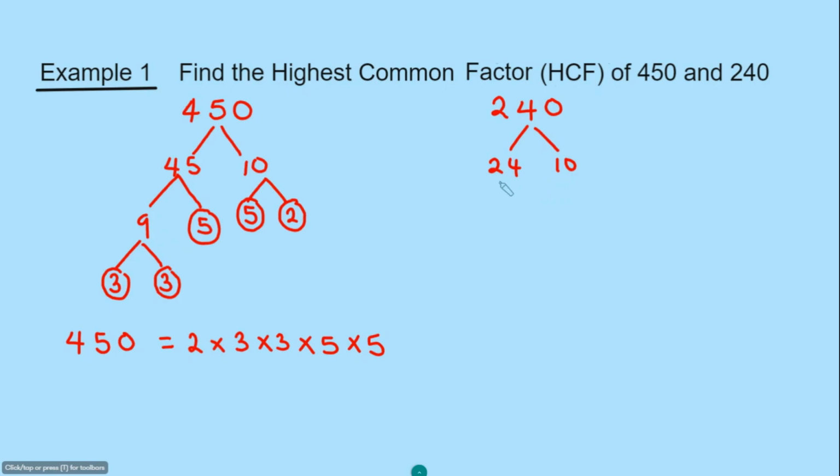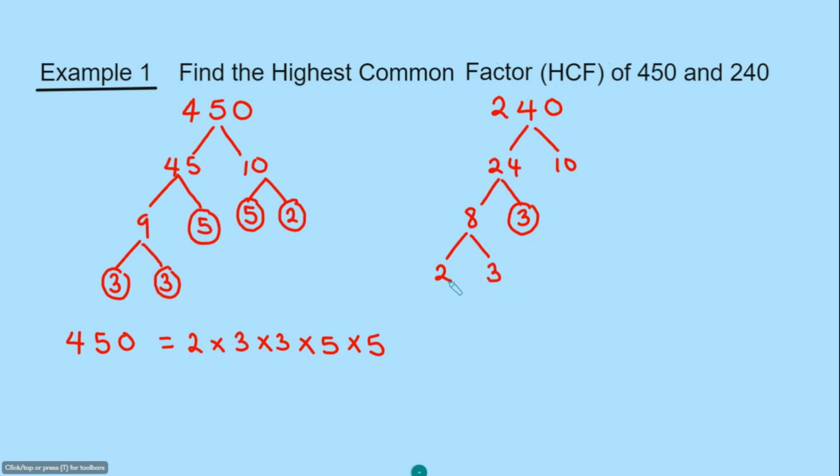Now I'm going to split 24 again, because 24 and 10 are not prime numbers, so I'm going to split them each, but first with 24. If I split 24, I will have 8 and 3. Now 3 is a prime number, so I'm going to put it in a circle, but 8 is not a prime number, so I'm going to split it one more time. If I split this up, I'll have 2 and 3.